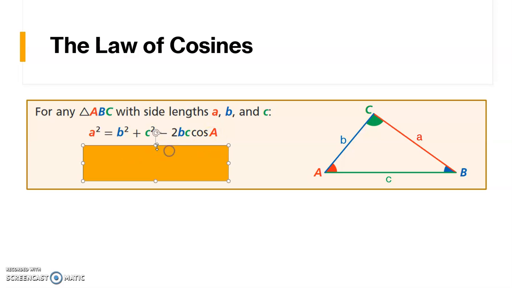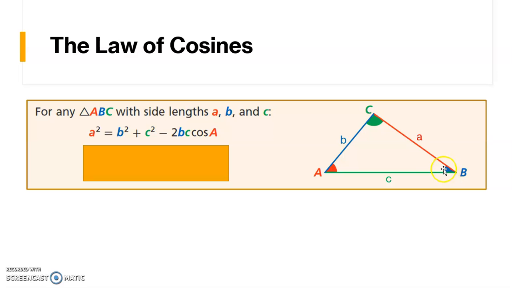Now you'll notice that in these other two formulas, all they did is switch out the a's and the b's. So here are the a's, they switched them with b's, and all of the b's became a's. And remember, it doesn't matter how you labeled your triangle as long as side B is across from angle B. So I just remember one of these, and then I fill in whatever information I have.